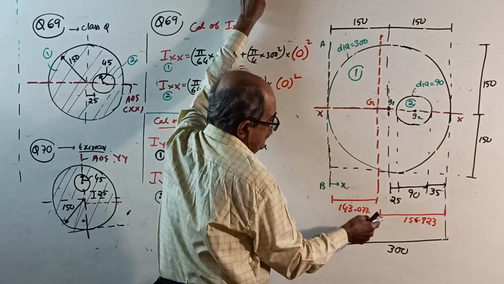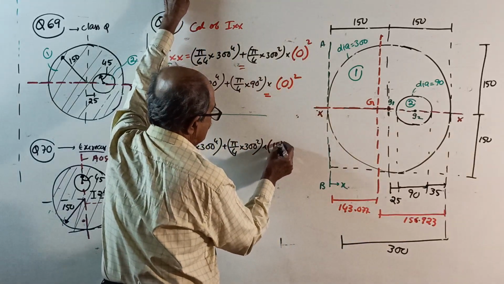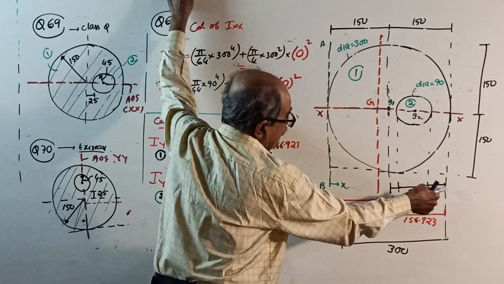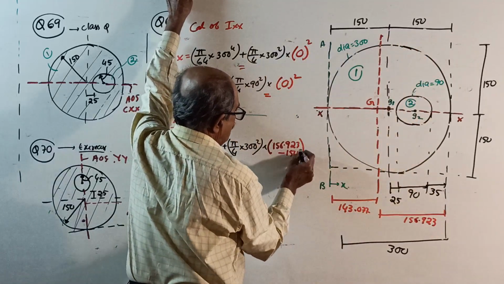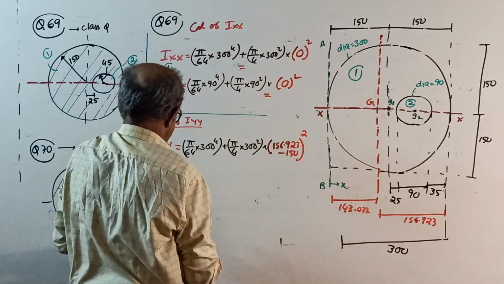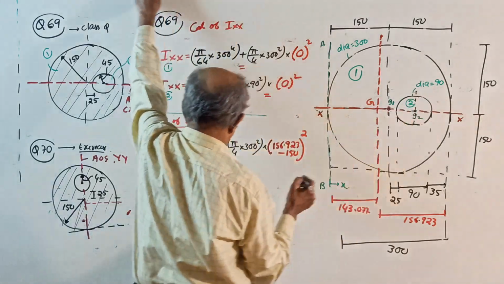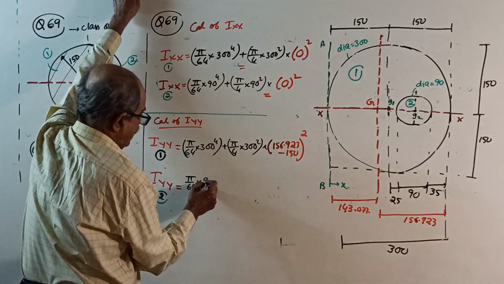This distance square is 156.923. 923 is this full distance. Subtract 150, minus 150 whole square. Calculate the answer. IYY for 2. I about its own axis, pi by 64 of 90 power 4.